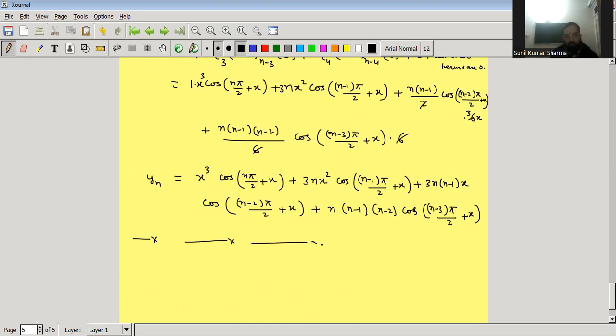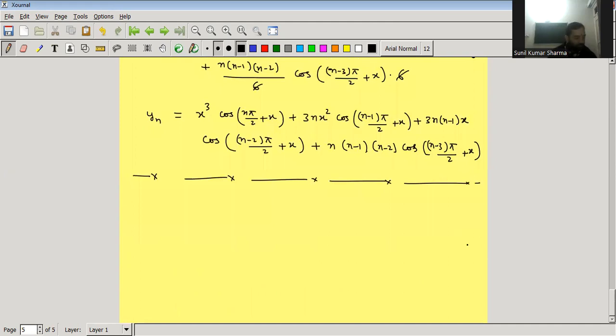Let us discuss one more. If y is equal to e to the power x into sin x, then find the n-th derivative of y.